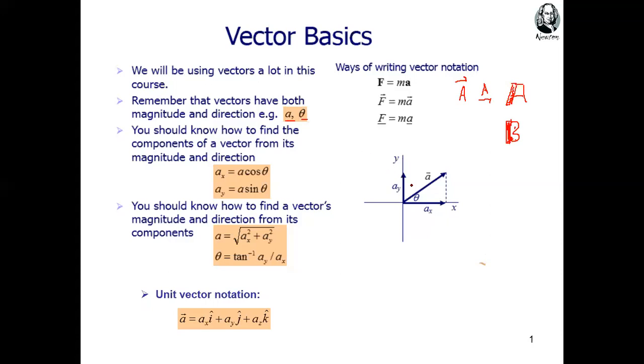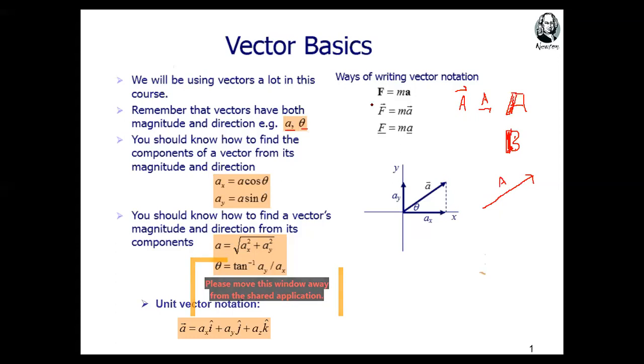Okay, next topic was resolution of vector. Resolution of vector: how you can split a single vector into its components. For example, one vector is given. Let's suppose this one is A. So how can we resolve this into its components?